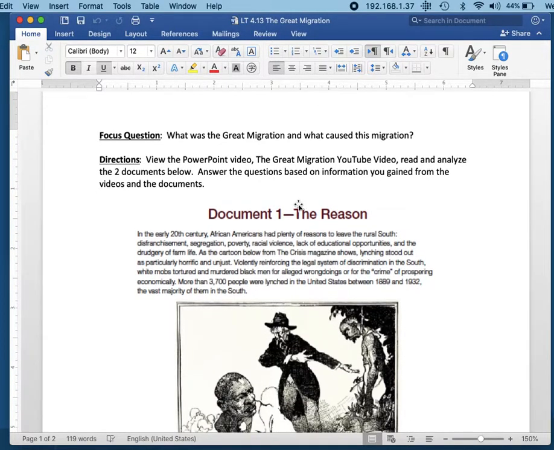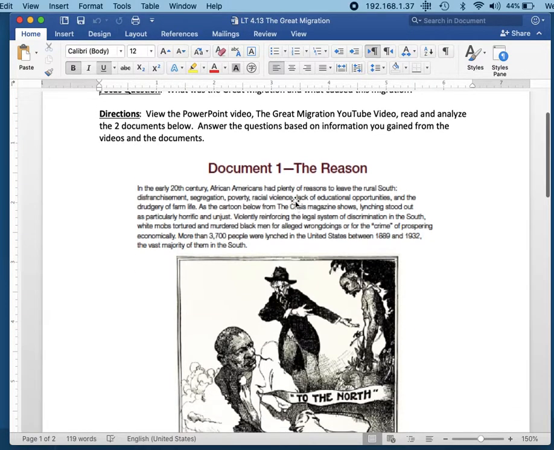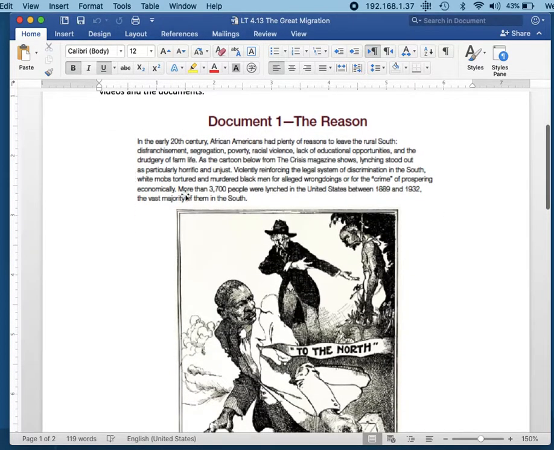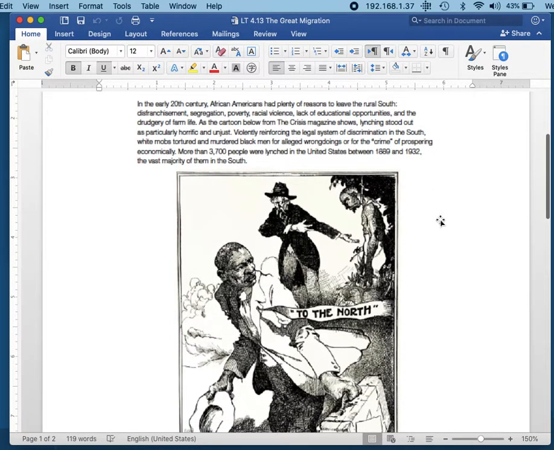In the document, not only are you looking at the Great Migration video and the PowerPoint video, you'll also be given two documents. Document one gives you a snapshot of what kind of life African Americans were living in the South. Please go ahead and read the captions that come along with the document.